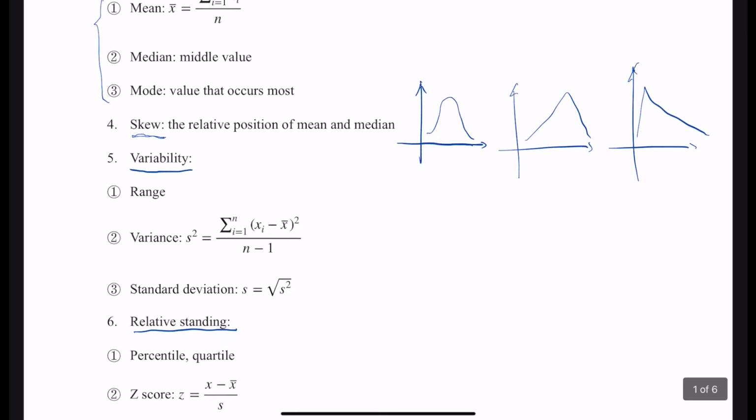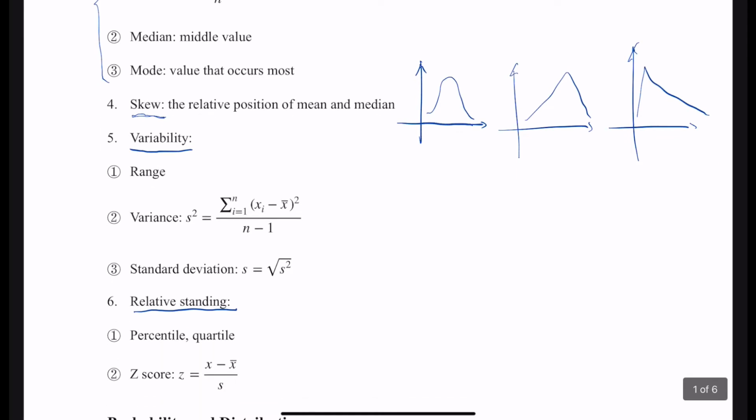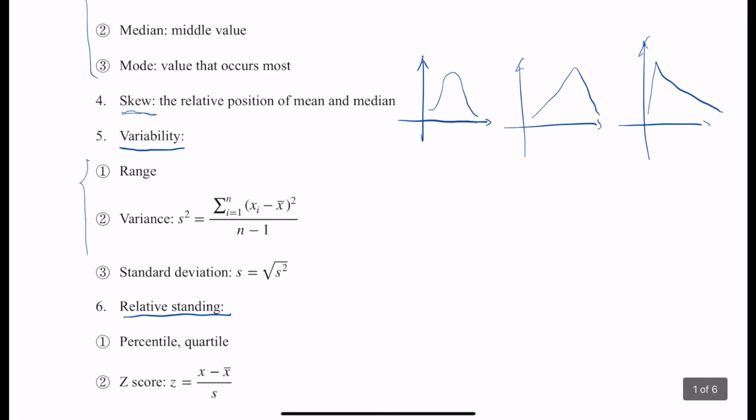And then it's variability. There are also three numbers here in variability: range, variance, and standard deviation. Standard deviation is basically the square root of variance, and this is how we calculate variance and standard deviation. They're also pretty simple.